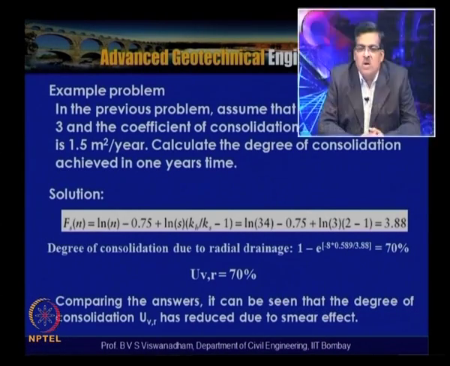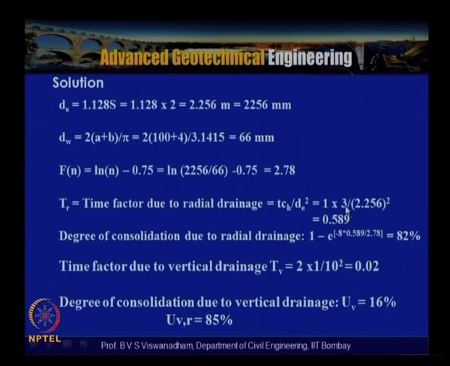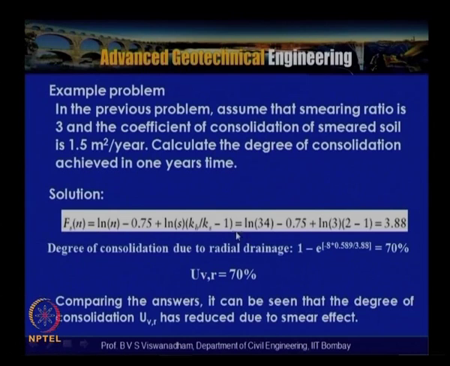In the previous problem we got 82% for the degree of consolidation due to radial drainage. Now, because of the inefficiency of the drain, due to the smear at the onset of installation, the degree of consolidation due to radial drainage works out to be 70%.